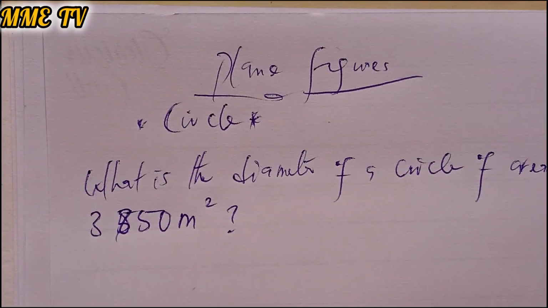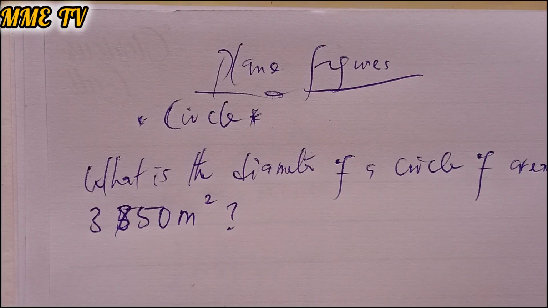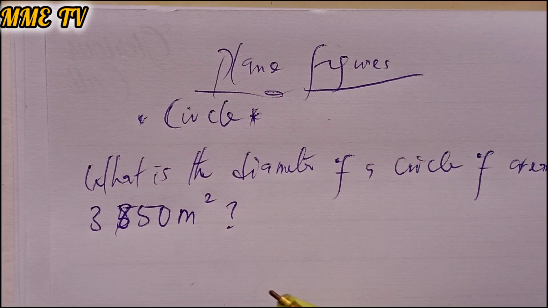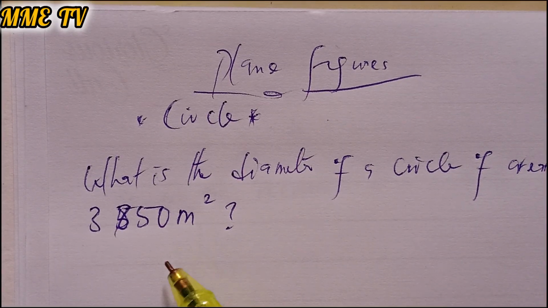You know that there are some questions which you will see probably, you'll be like, but we are not giving the parameters needed for this. We are giving the area itself.